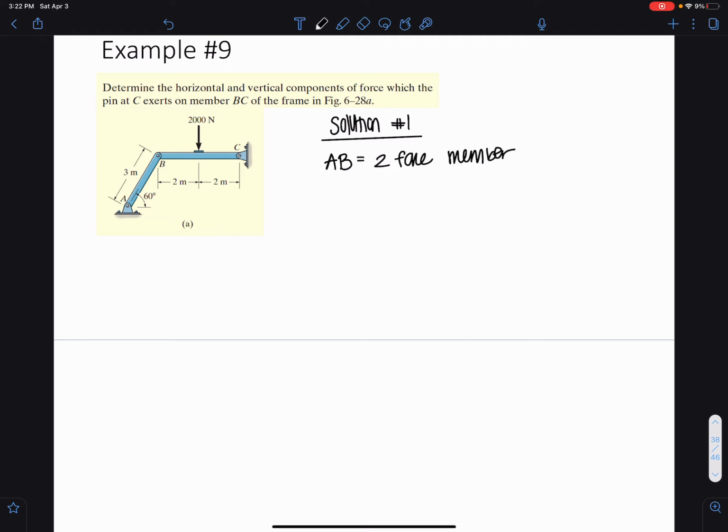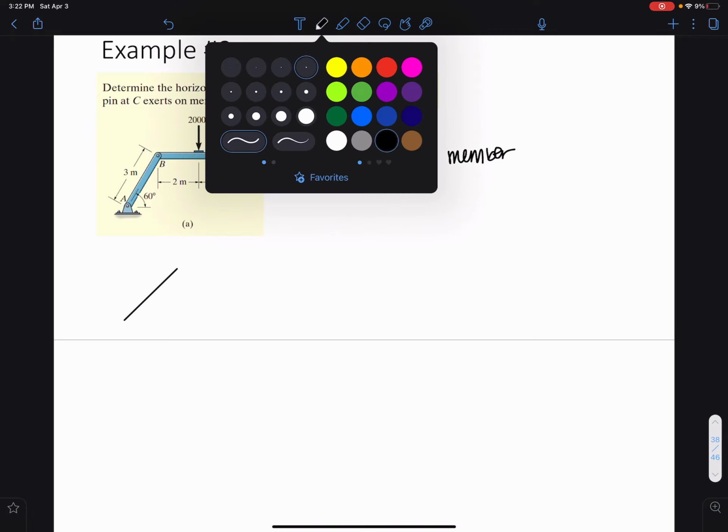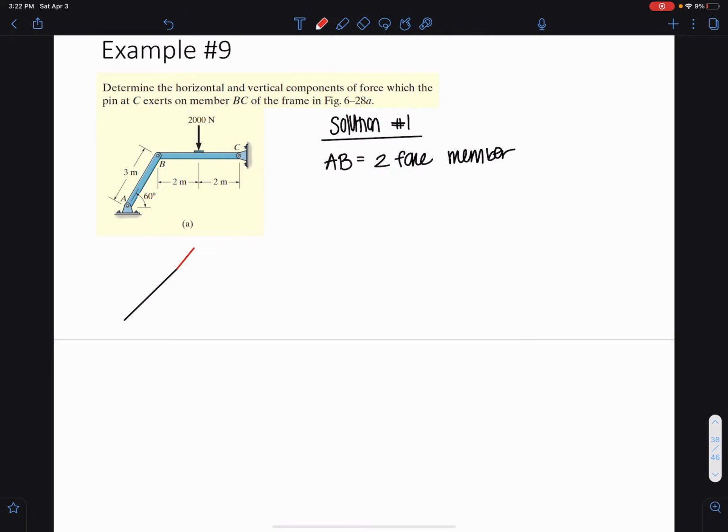I don't have any other forces acting on AB, I just have that pin, and I have B, which also has this internal pin. So the resultant of the pin here and the resultant of the pin here are the same force because there's nothing else acting on the system. If I were to isolate that member, whatever the resultant of the pin at B is, that's the same thing that I have here. Oops, these are not in the right directions.